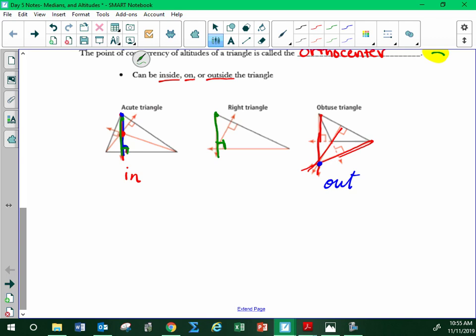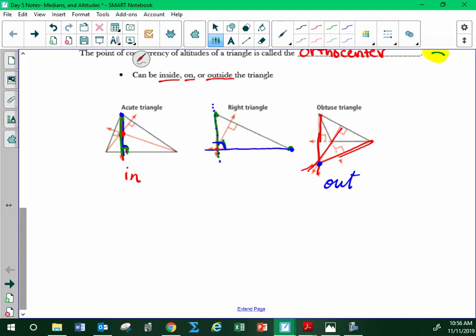So my side, my leg, was actually one of my altitudes. Likewise over here, vertex to side opposite, here's my side opposite. If I want it to connect from here to this side in such a way that's perpendicular, it is that side once again. So for a right triangle, my altitudes meet at one point, the orthocenter for the right triangle.